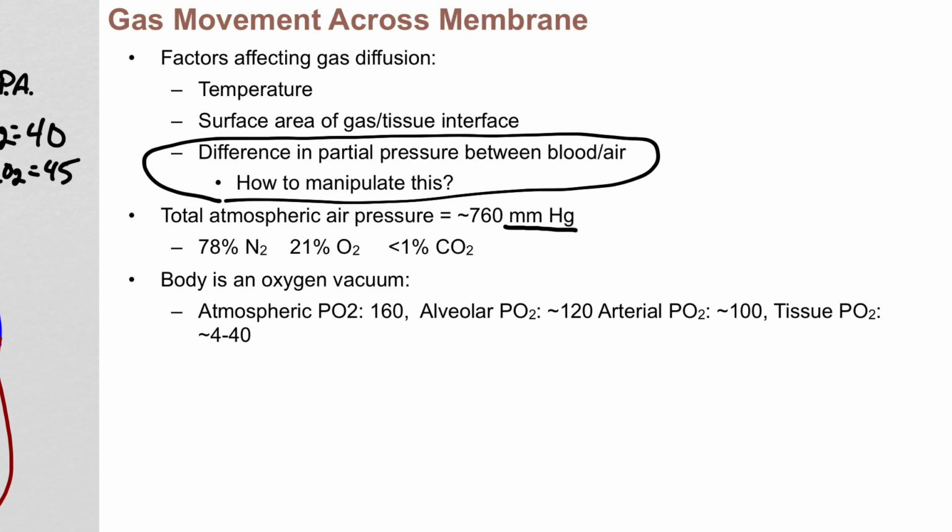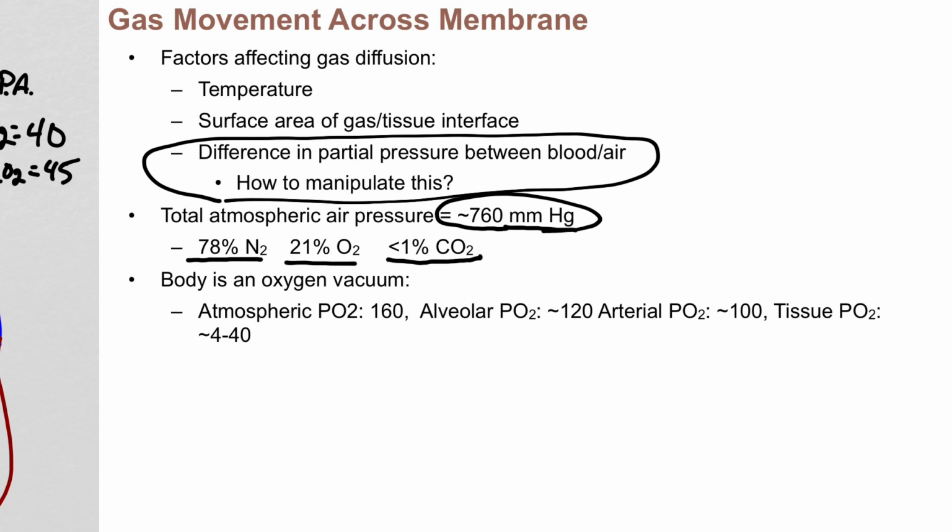Okay, so the total pressure in the atmosphere at sea level is about 760 millimeters of mercury, and of the air that's in the atmosphere, approximately 78% is nitrogen, 21% is oxygen, and a very tiny amount, a fraction of 1%, is carbon dioxide. Okay, partial pressure, right?